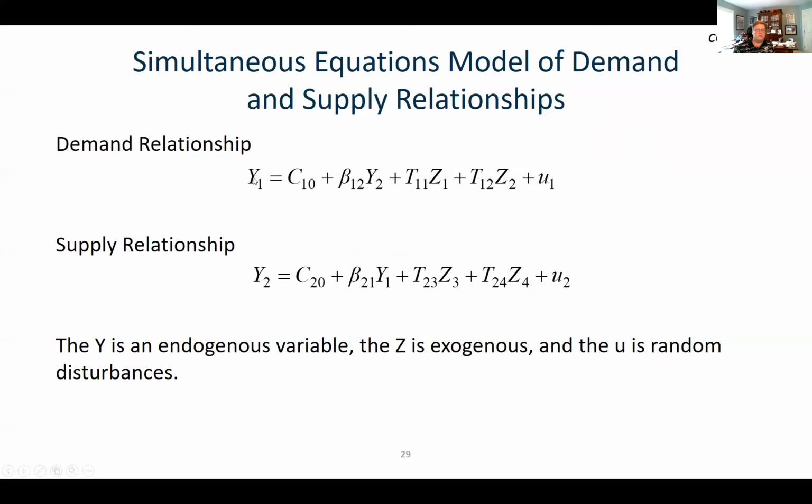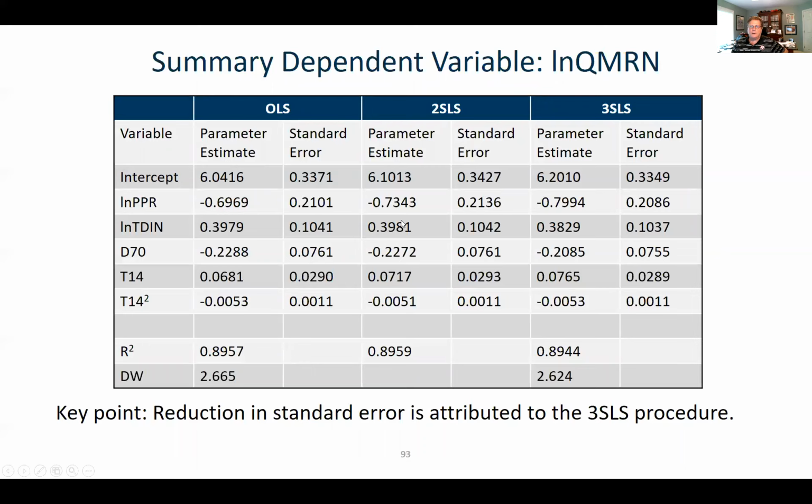So here's a summary for each equation. Here's the LQMRN equation, natural log. So in this particular case, now these coefficients, natural log, are likely to be elasticities, but you have to be careful because we need to retrieve the correct marginal effects, and we can only do that with the analytically derived reduced forms. And the other thing to note here is that there's a definitive reduction in standard error attributed to the three-stage least squares procedure.